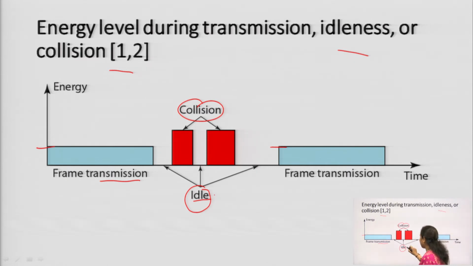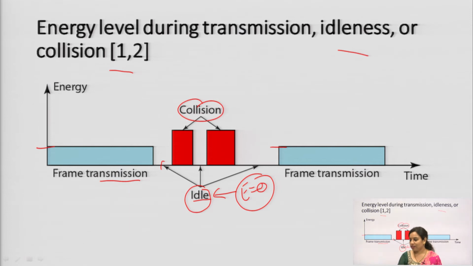Now, next is the idle situation, whenever no transmission or reception has taken place between the transmitter and receiver. In that case, the energy will be 0. E will be equal to 0 in the idle situation.